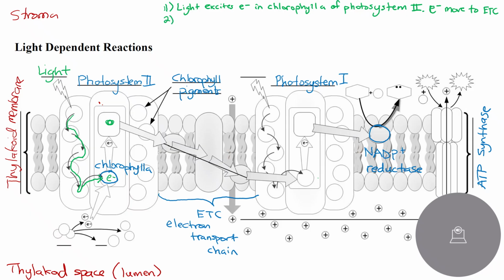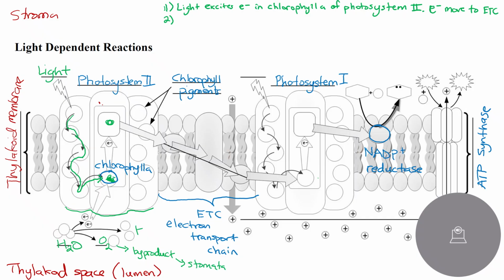So when light excites that electron, chlorophyll A is now considered to be empty. There's no more electron here. It got excited. Well, photosystem II enzymes over here will split water apart. So water is split into oxygen, and this, yes, y'all, is the byproduct, which escapes through the stomata.